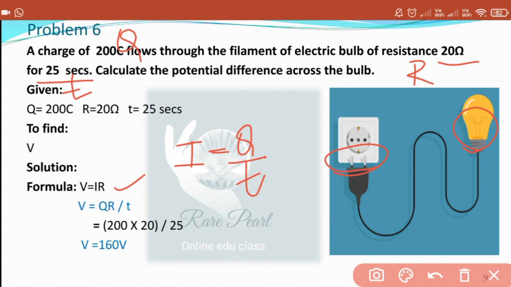We know from the definition of current, I is equal to Q by T. So we can substitute this I value over here to get V is equal to QR by T. Then we can substitute all the given data. Q is equal to 200, R is equal to 20 and T is equal to 25 seconds. 25 eights are 200. So 8 into 20 is 160. So the potential difference across the bulb is going to be 160 volt.